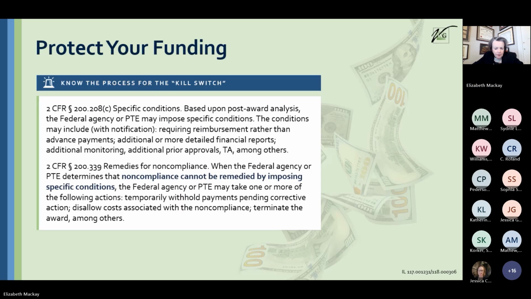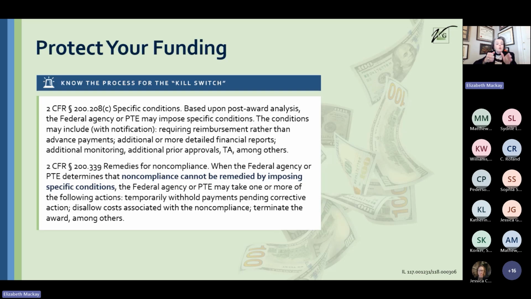So they began to require more extensive documentation, and they began to stop processing additional provider applications. And the judge in that case decided that the Department of Education could not do that. They had no grounds to do that because Feeding Our Future was not given adequate notice about the specific conditions.